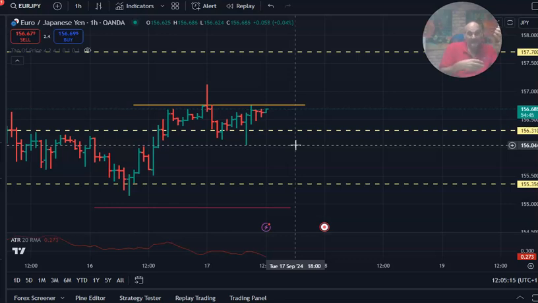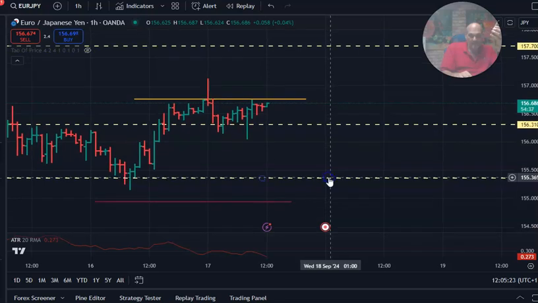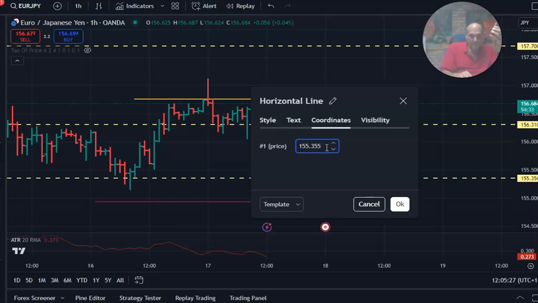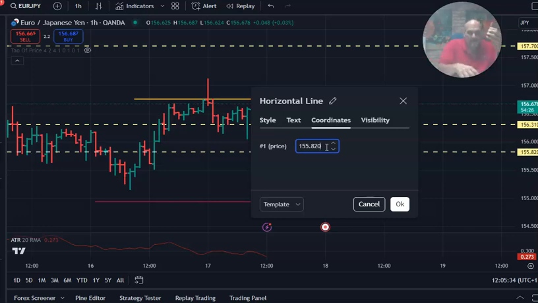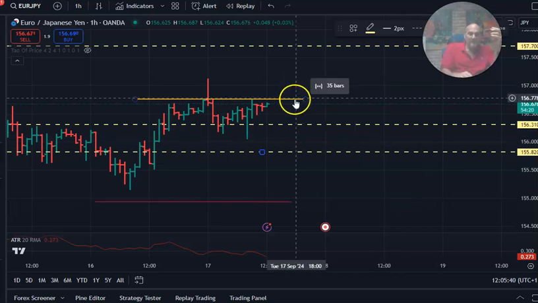If it breaks that, then it's right back down into that other range, and there'll be support at 155.82 at that point. Let's bring that up. 155.82, like that. So the critical price is right here.